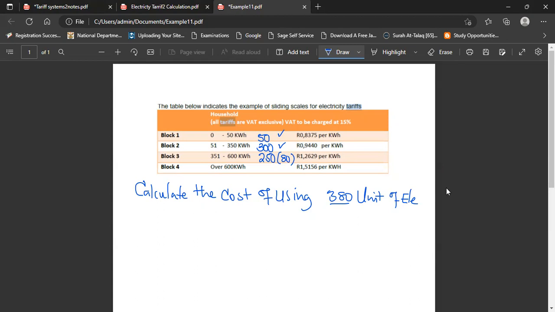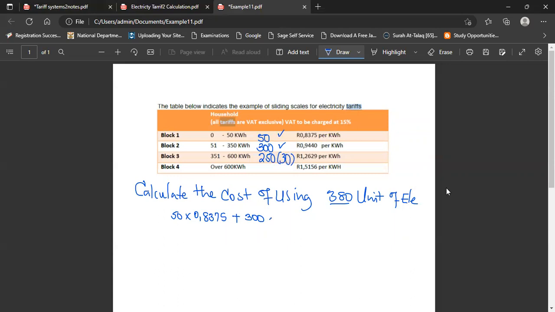So for you to look for the cost, it will be so easy. You say 50 times 0,375, plus the next bracket is what? Oh, sorry, this should be 30, not 80.